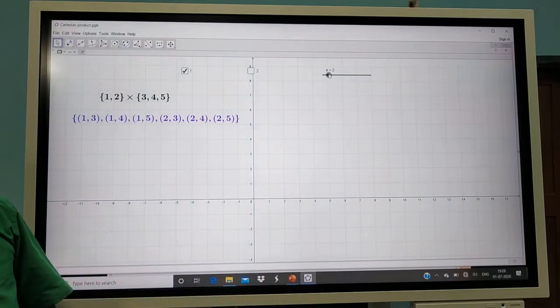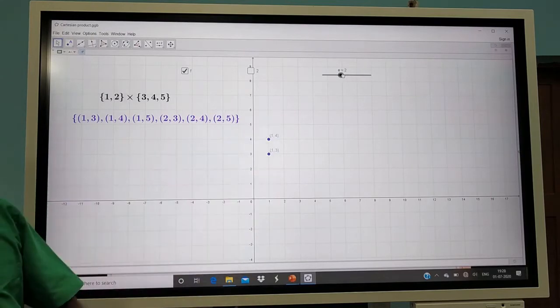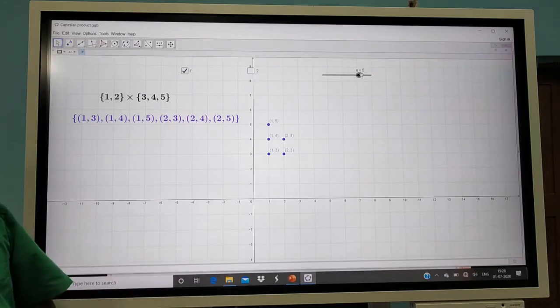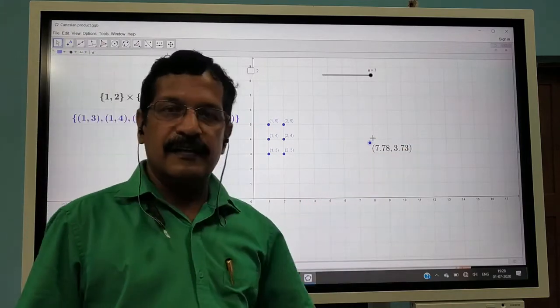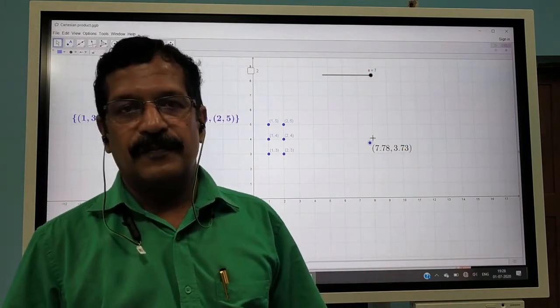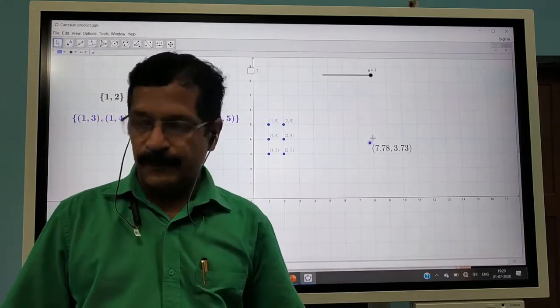You can see (1, 3), (1, 4), (1, 5) and (2, 3), (2, 4), (2, 5). We can move anywhere in this plane, and we are getting real numbers as the first component and real numbers as the second component. So that is R cross R, the set of all points.